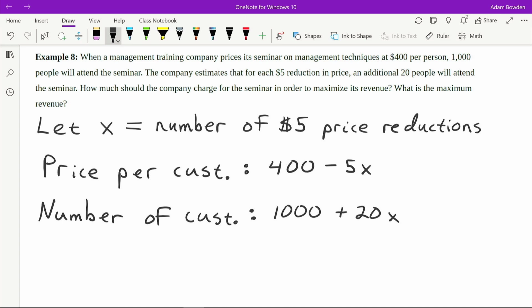X again being the number of price reductions. So if they do one price reduction, then they expect to get 1 times 20. If they do 2 price reductions, then 2 times 20 or 40 more would attend. And at the same time, they would be taking away $5 more each time from the initial $400 starting cost.